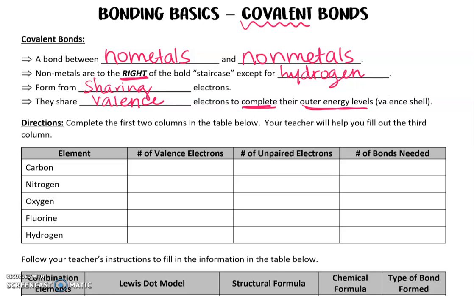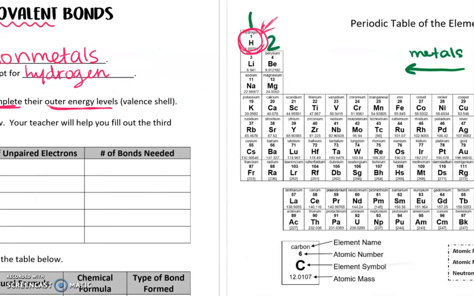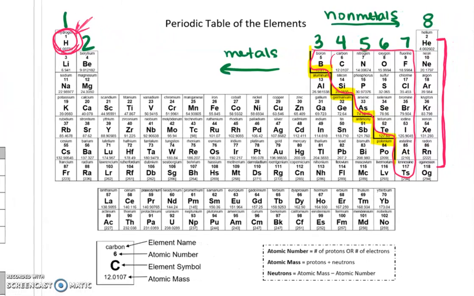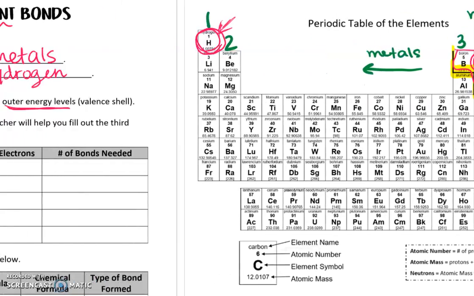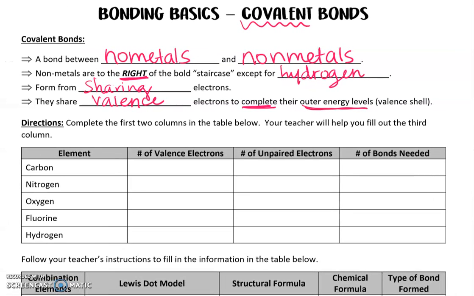So looking at a couple of examples here, we're going to start with carbon. Carbon is part of group 4 on our periodic table, which means it has 4 valence electrons. Now I'm going to do a quick draw of carbon's Lewis structure to show that.